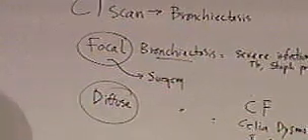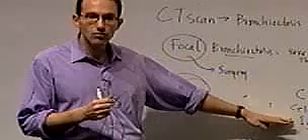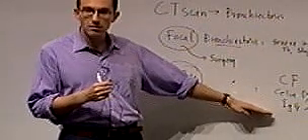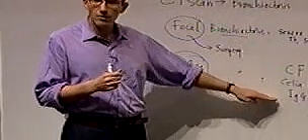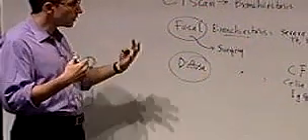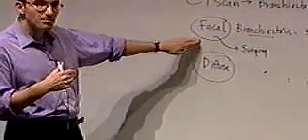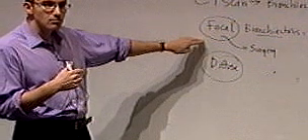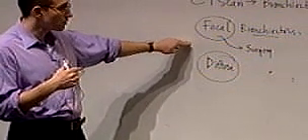So this applies to all patients with bronchiectasis. You have to look for a generalized deficit. You've got to make sure there's no generalized deficit. If there is no generalized deficit of pulmonary function, then you could think about this focal process, where maybe surgical resection may be helpful.